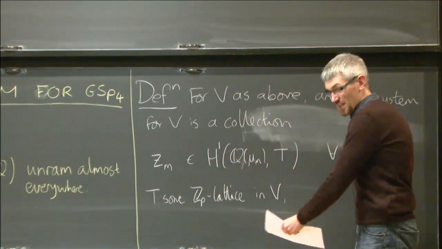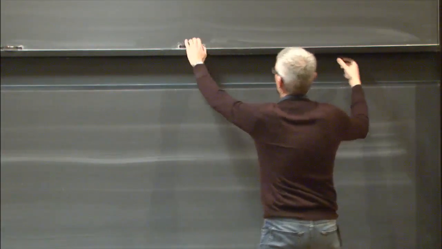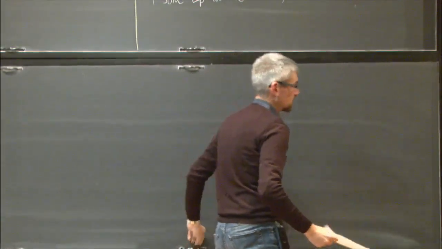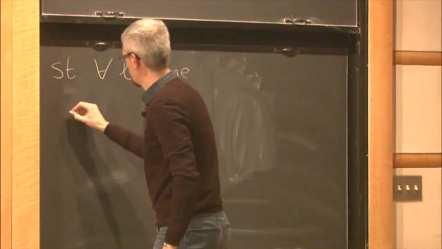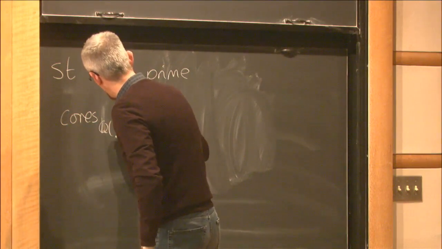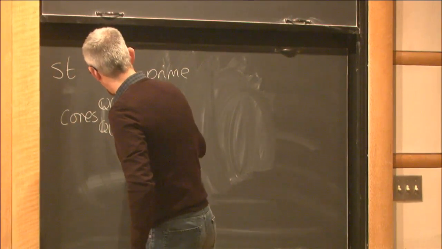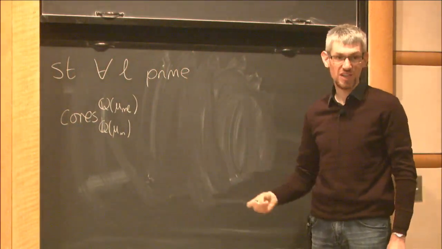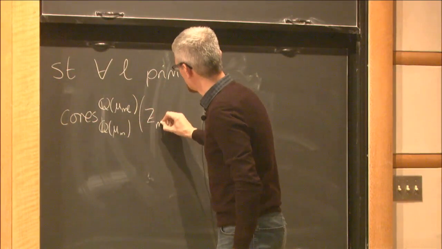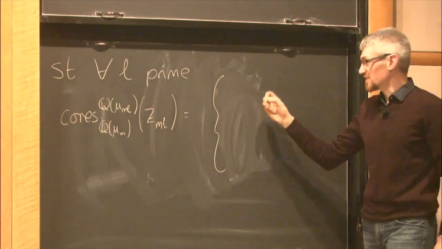And these have to satisfy an important property, the norm compatibility relation. So if l is prime, and you take the class over Q(mu_{ml}), and norm it down, take the corestriction down to Q(mu_m), then you require that you get one of two things.